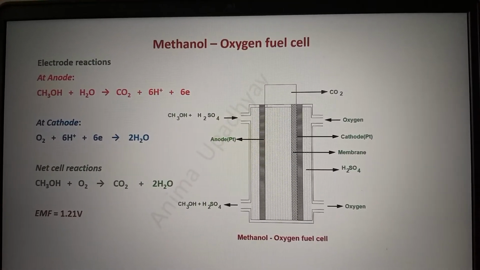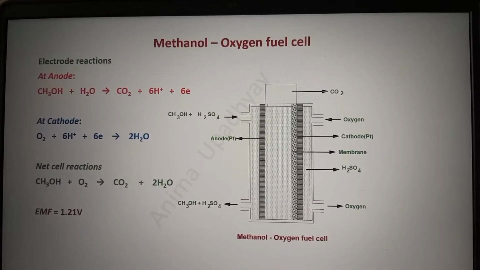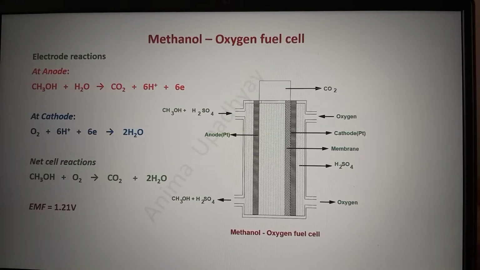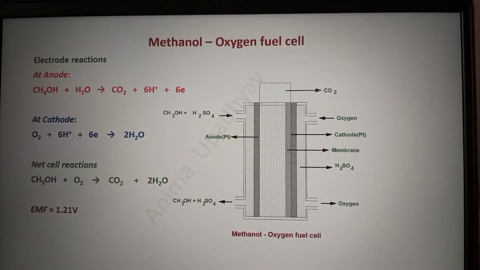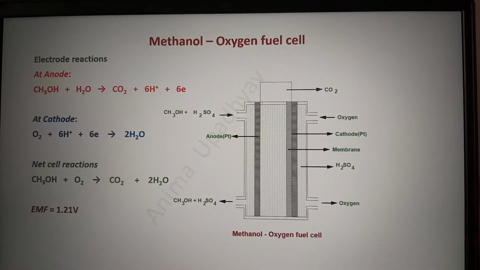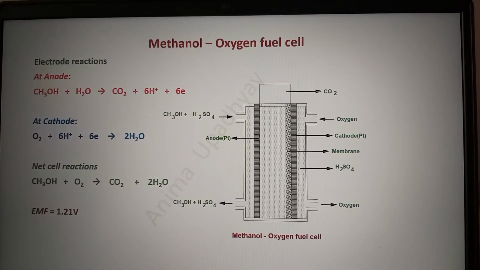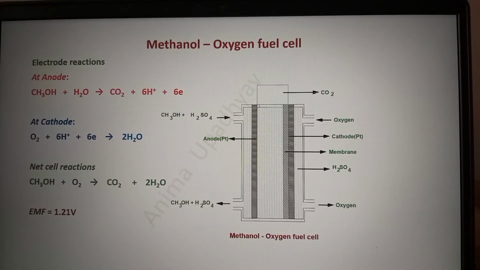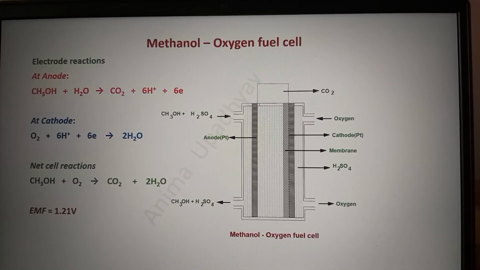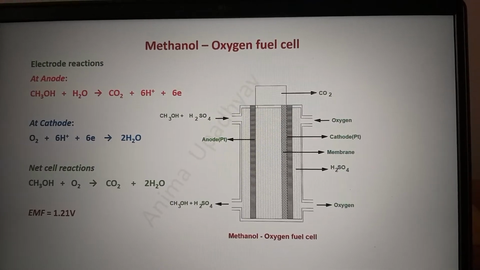These electrons are consumed at the cathode and it reduces the oxygen to water. So the net cell reaction will be the formation of carbon dioxide and water as a result of the reaction of methanol with oxygen. The EMF is just 1.21 volts.